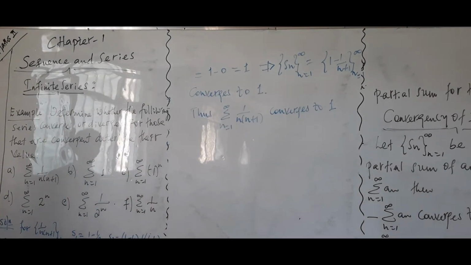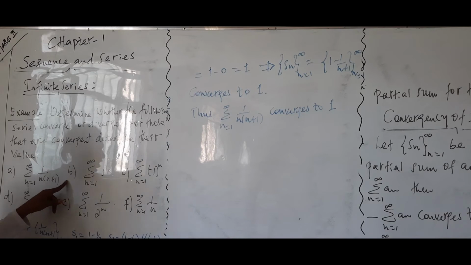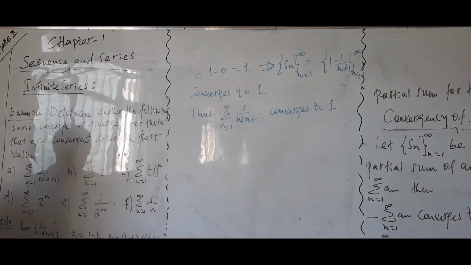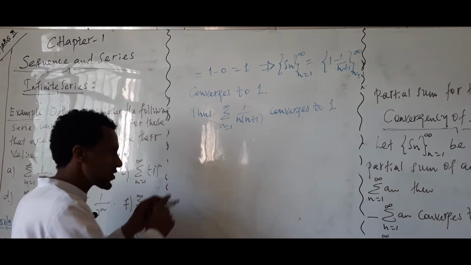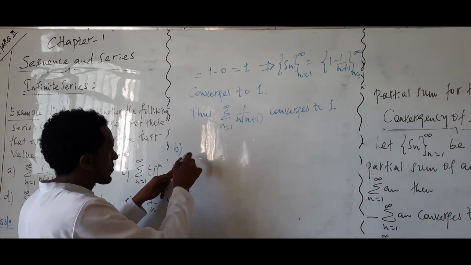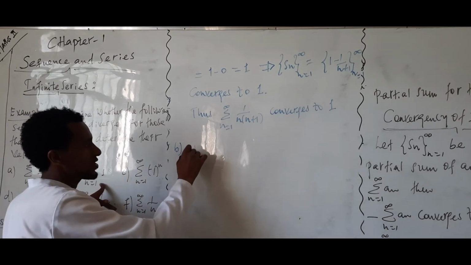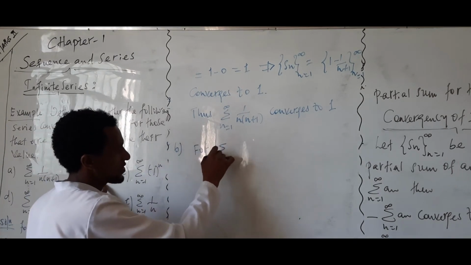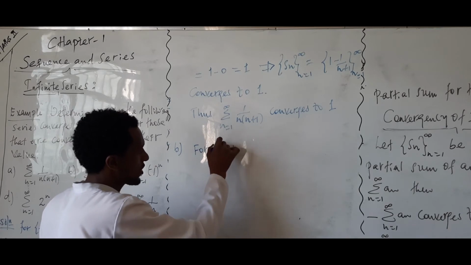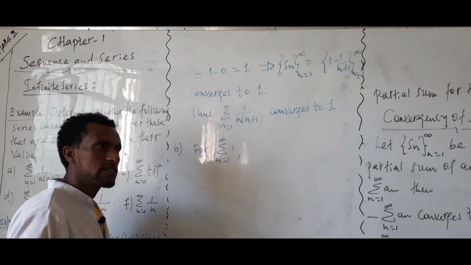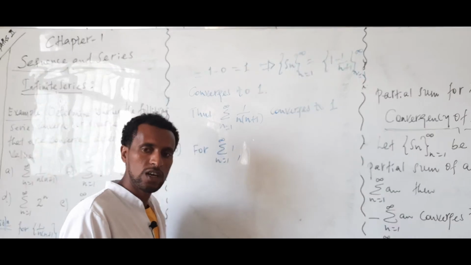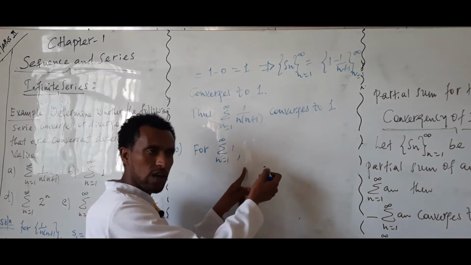Next, let us see the series given in B. For this series, the sum of 1, n starting from 1 to infinity, the first term of this series is 1.